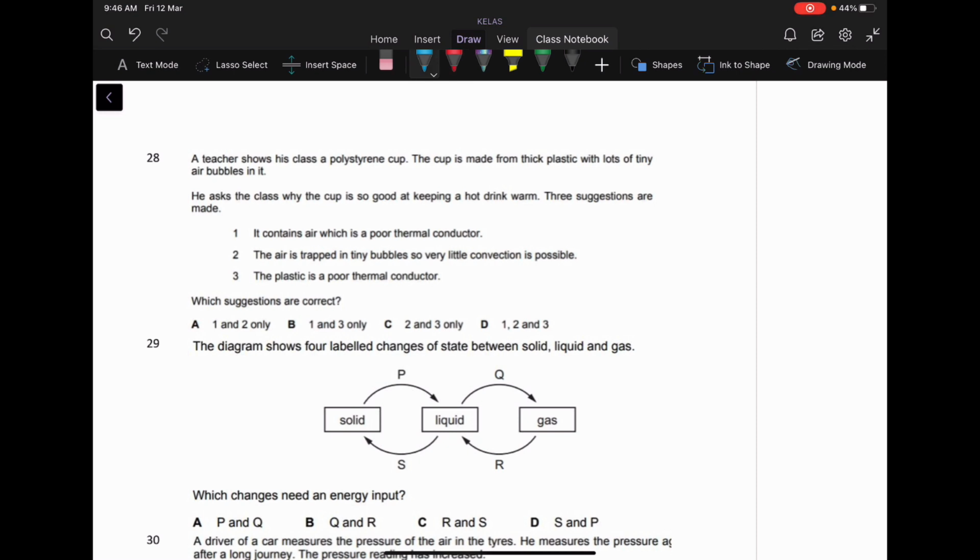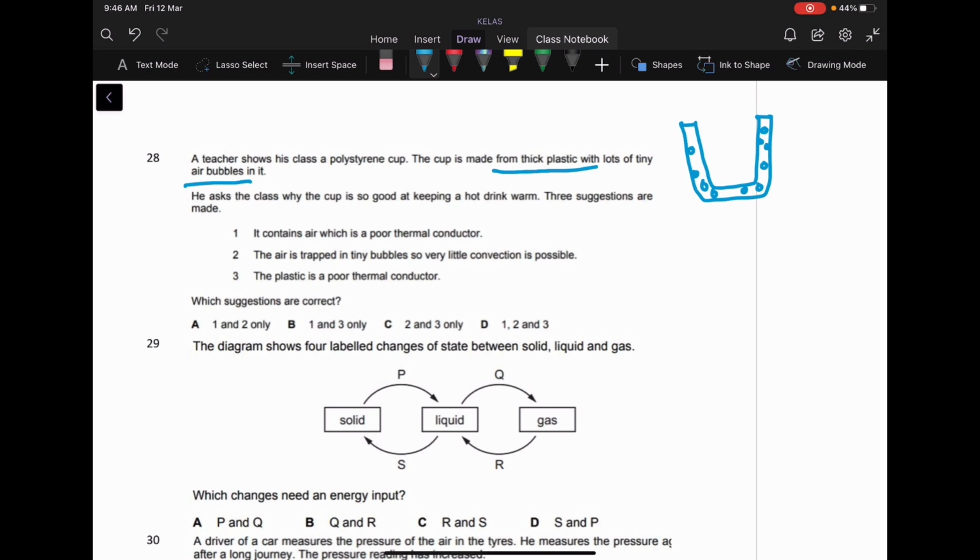There are air bubbles in it. So this is the plastic cup, with lots of air bubbles. He asked the class why the cup is so good at keeping a hot drink warm.